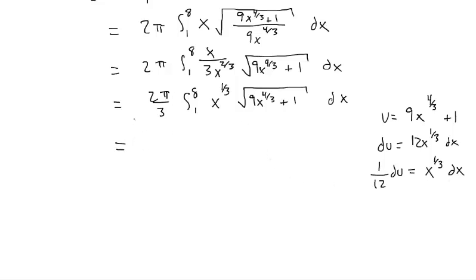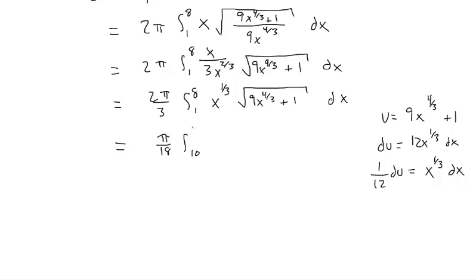And now I want to rewrite my problem in terms of u. So I have 2 pi over 3, and I'm going to have this 1/12. So I'm going to have pi over 18 times the integral, and when I plug 1 in, I get 1 to the 4/3 is 1 times 9 is 9 plus 1 is 10.